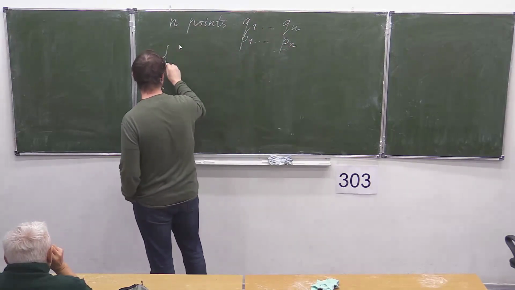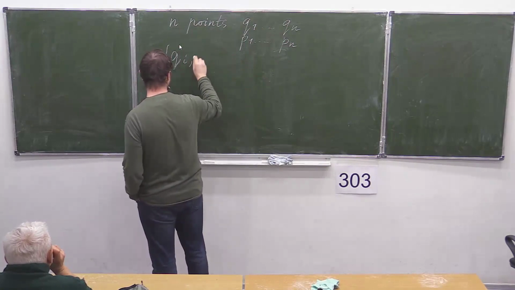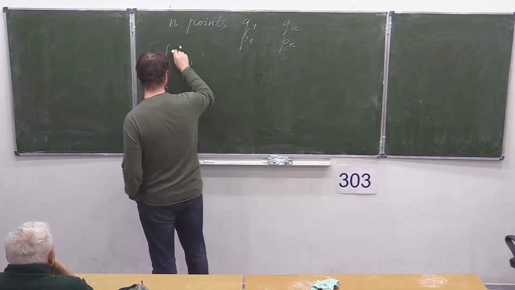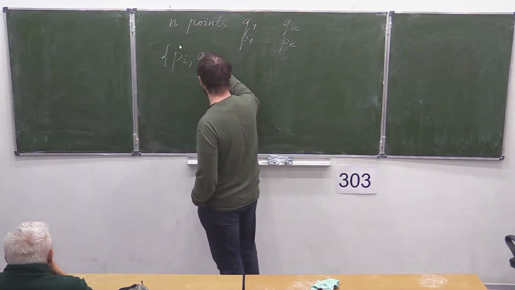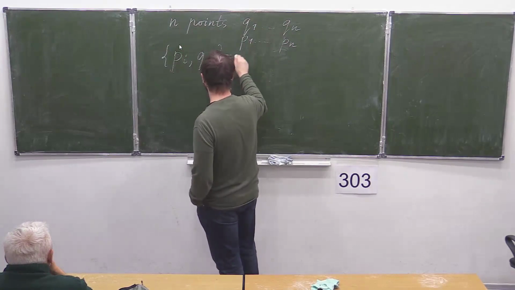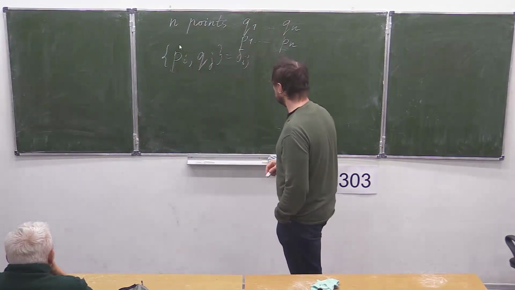The Poisson structure is the standard one. That is to say, the only non-trivial commutation relation is given by the equation that the commutator of pi and qj is equal to delta ij, up to all the other trivial zeros.